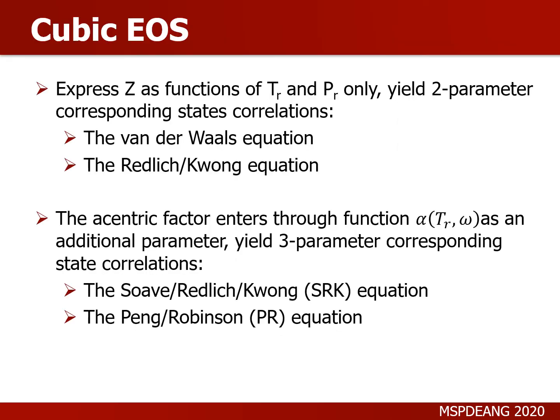So for cubic EOS, again, two-parameter correlations are van der Waals and Redlich-Kwong. Then we have the three-parameter correlations where omega, the eccentric factor, is factored into our alpha term. Yielding a three-parameter correlation, we have the Soave-Redlich-Kwong equation, the SRK, and the most popular equation of state right now, the Peng-Robinson equation of state.